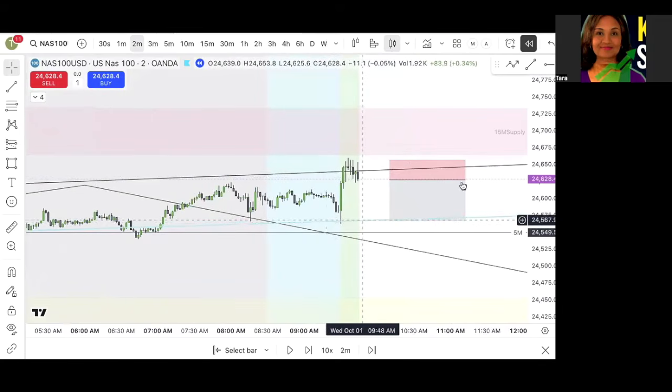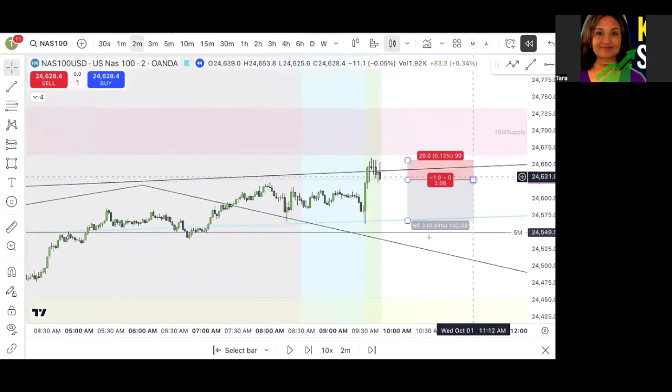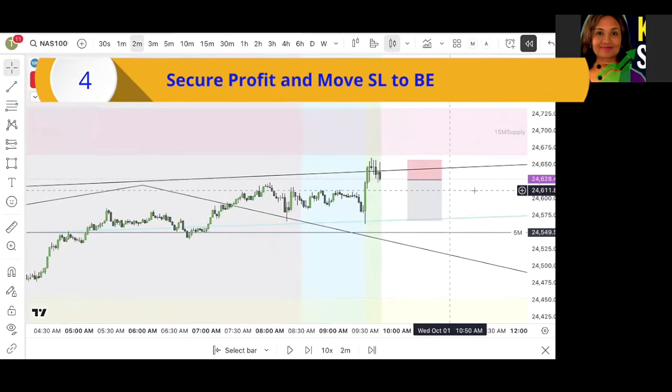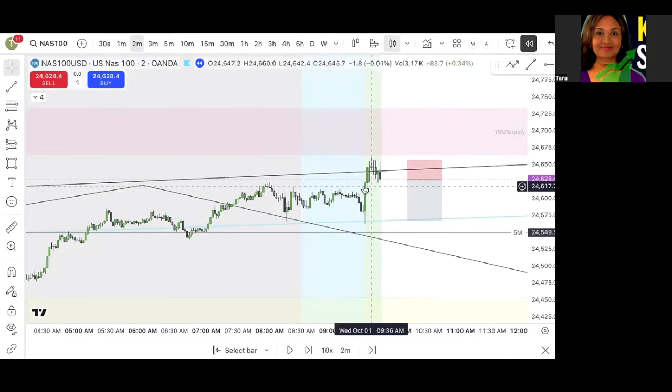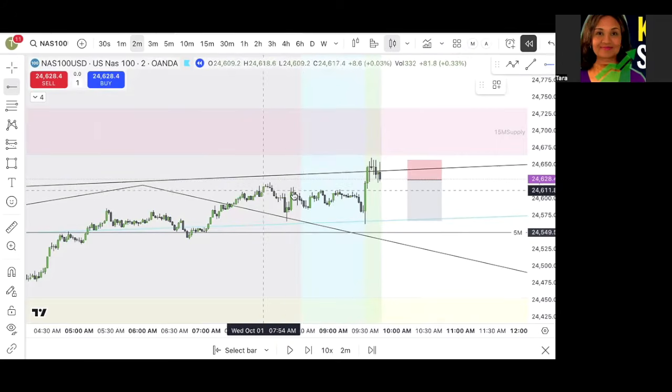So we can expect that price may stop in this area. When we take a little bit off, we were thinking of taking some off at the first area of support or resistance, which could be this area here, since we see that price kind of stopped in this area or respected this area before it came up.